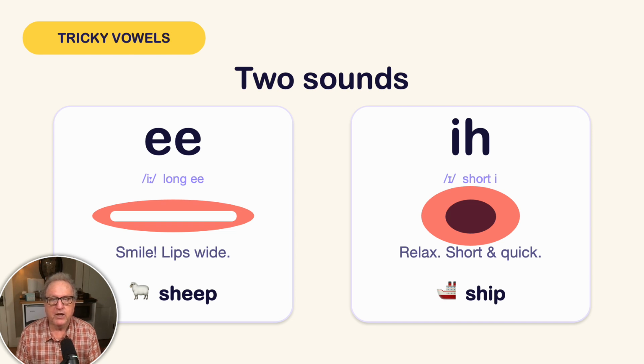And the long E is E. E is smiling. E, like in sheep. And the one on the right is eh, like in ship.